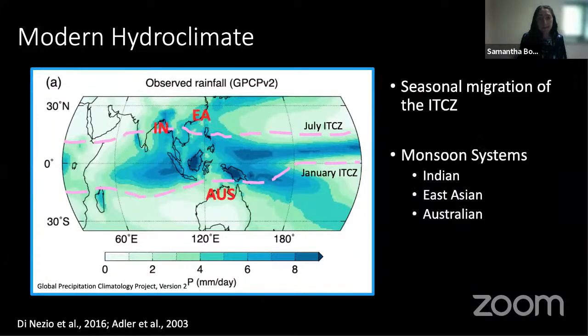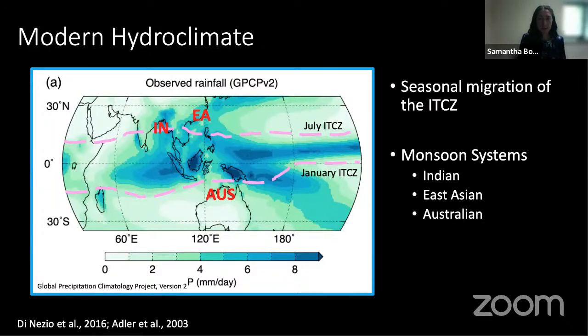To the north and south of the heart of the Warm Pool region, we of course have our monsoon systems, Indian and East Asian to the north, and the Australian monsoon to the south. And the interaction between the monsoons and the seasonal migration of the ITCZ is very important.